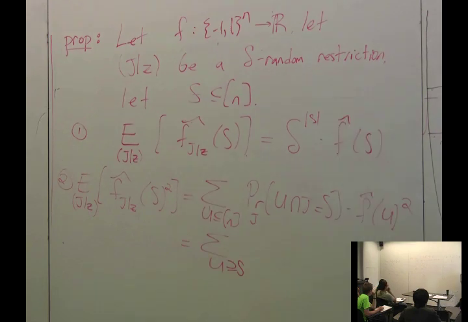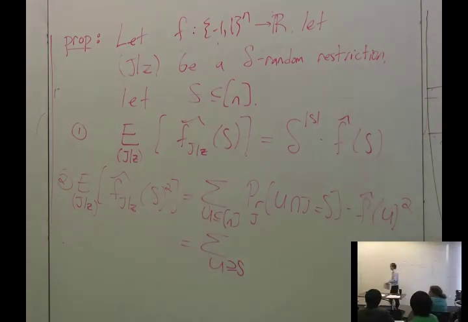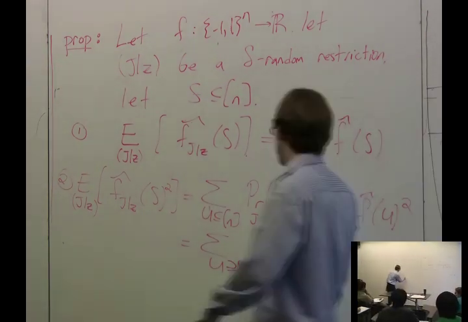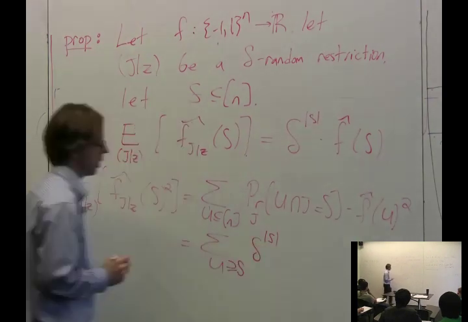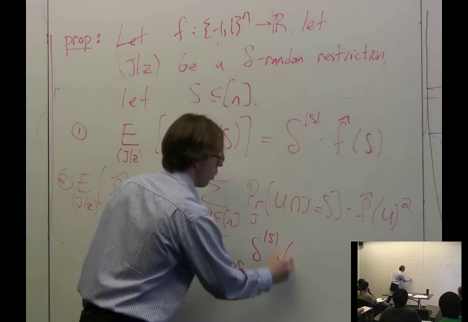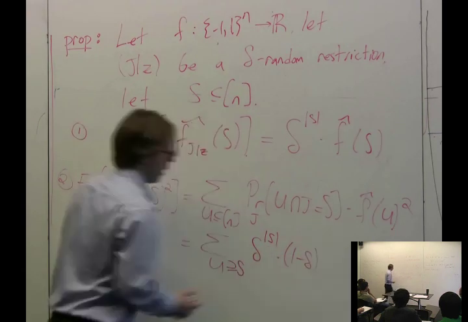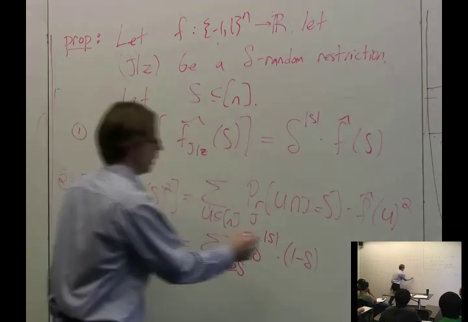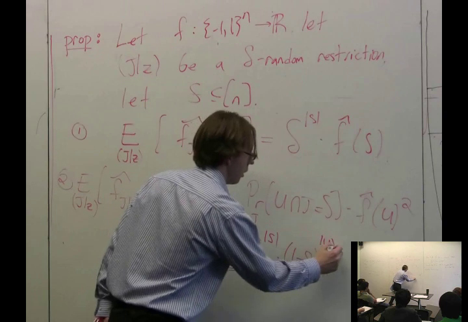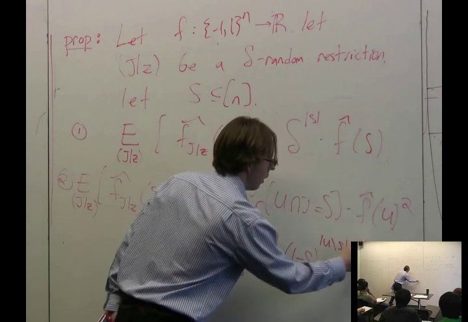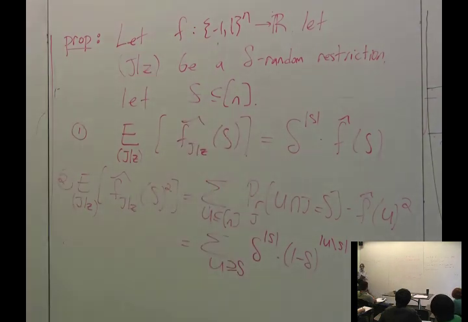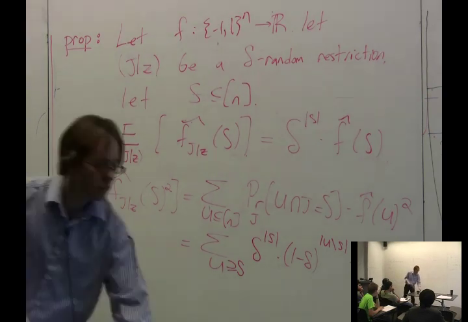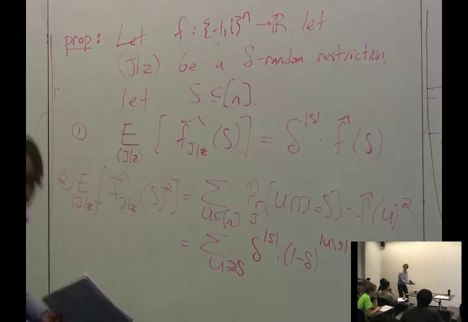Each coordinate is included with probability delta. So for each coordinate in S, you need to include it into J. That's this much probability. And for each coordinate that's not in S but is in U, you need to not include it.